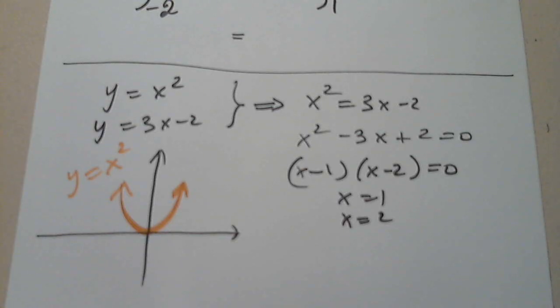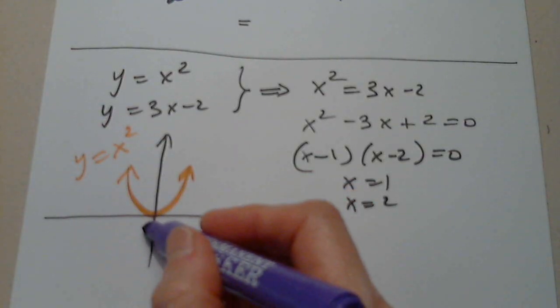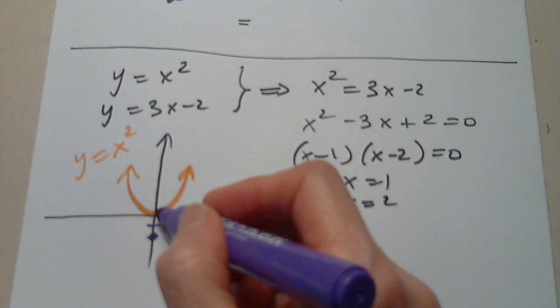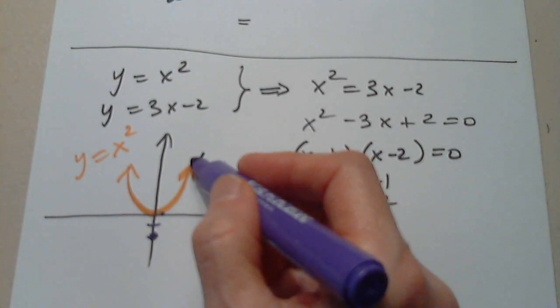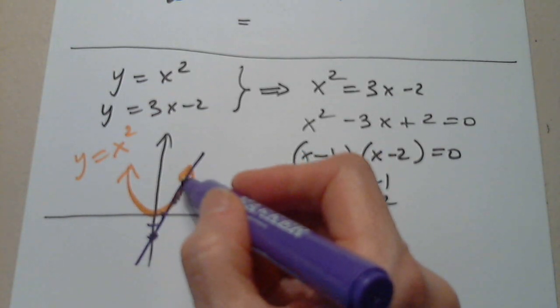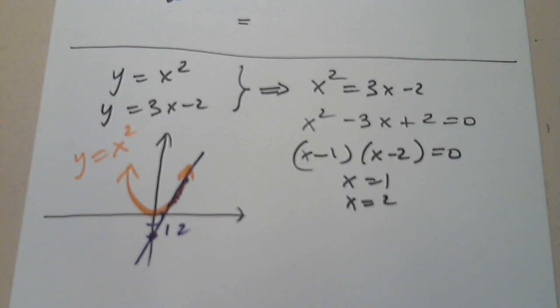And I already know that the points of intersection are 1 and 2. So when x is 0, y is negative 2. And when y is 0, x is 2/3. So something like this. So the area is right here, between 1 and 2. That's all I need.